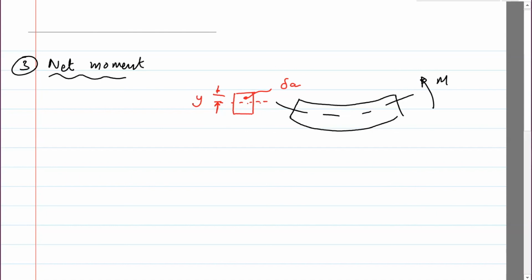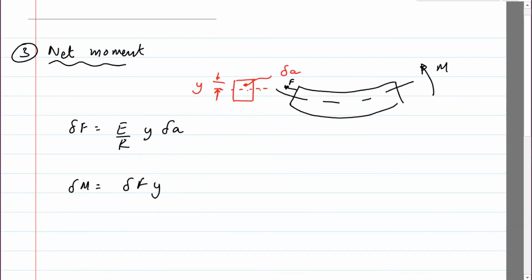Okay, so we wrote down an expression for force: F is E divided by R, y delta A. So if you want to find the moment, which is dM, and since this force is acting in this direction, all I need to do is take dF and multiply it with the moment arm.